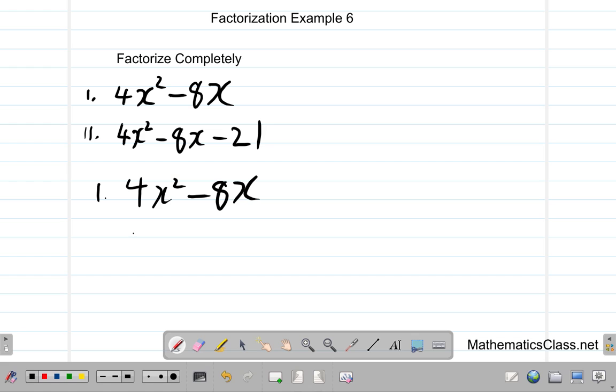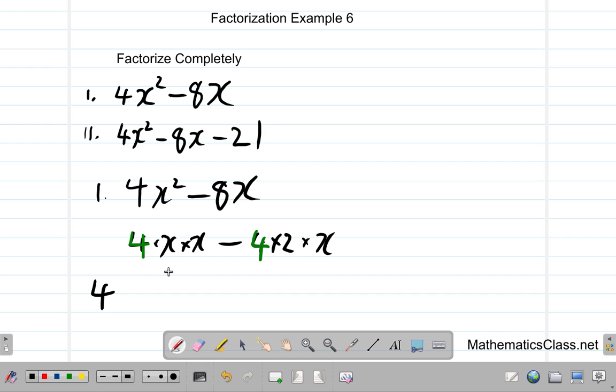Here we have 4 times x times x, minus 8, which is 4 times 2 times x. So we see that we can have 4 as a common factor. We have 4 here and 4 here, so we can take 4 out as a common factor.